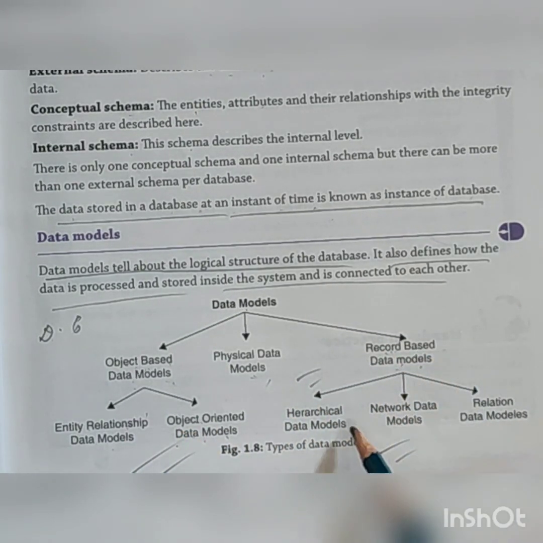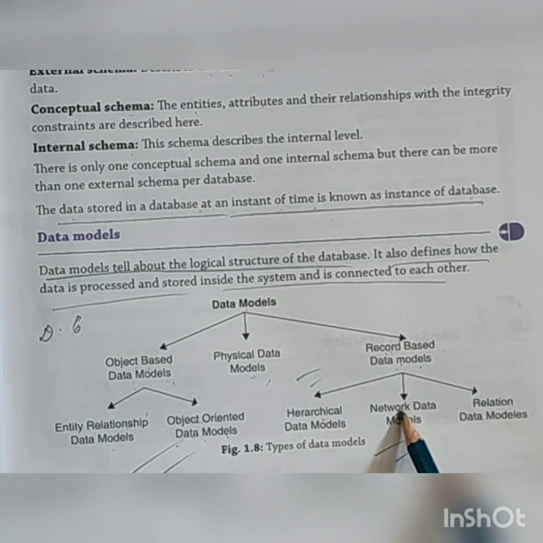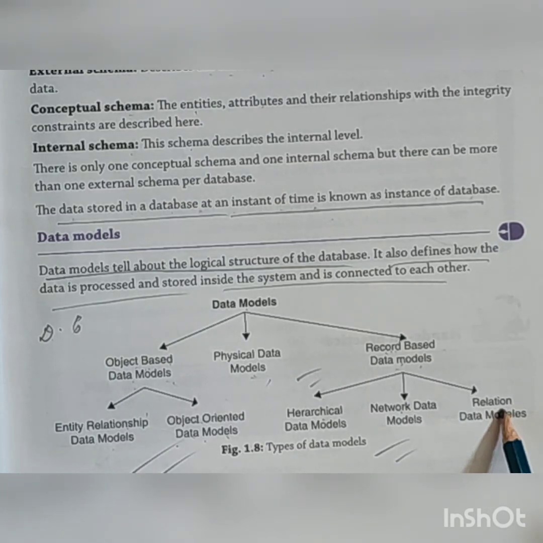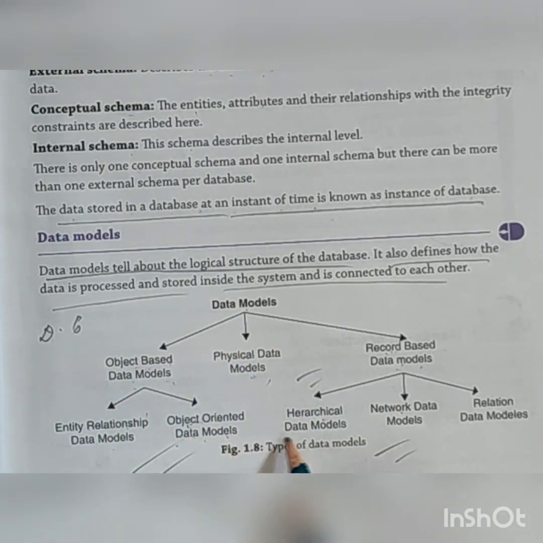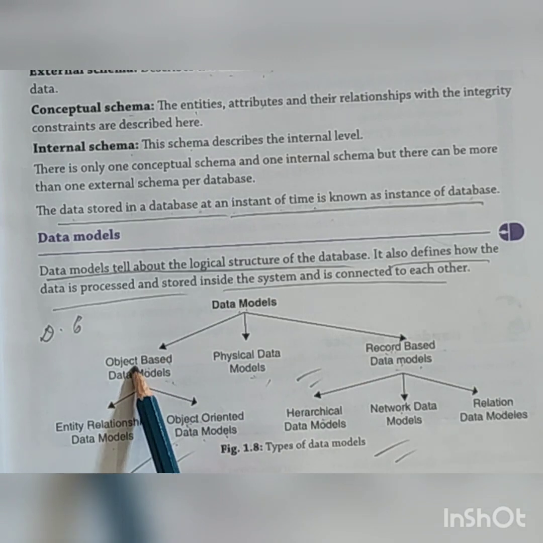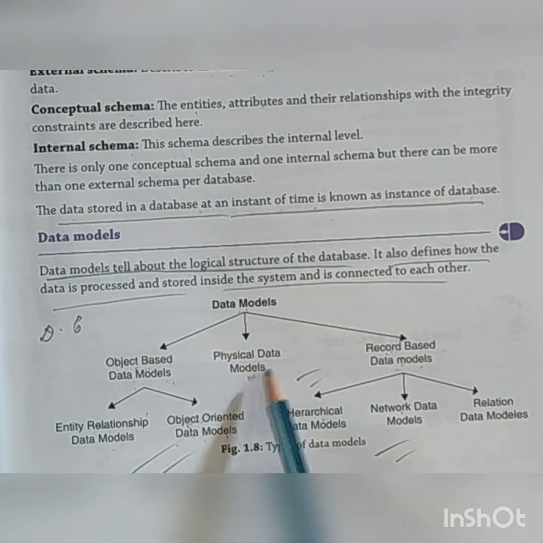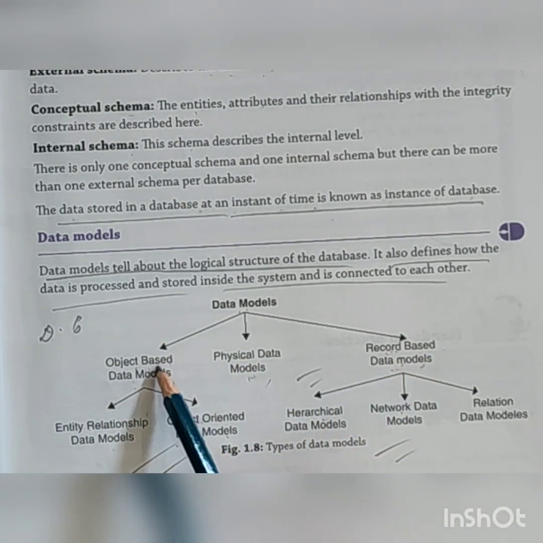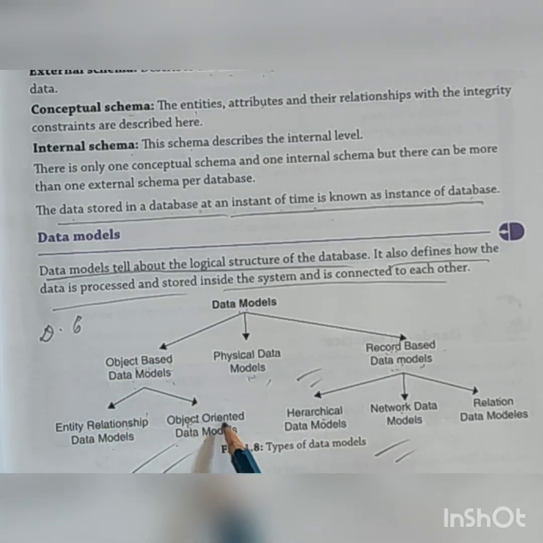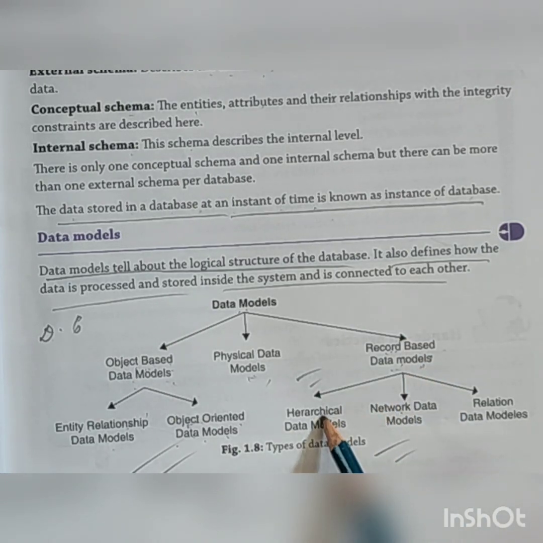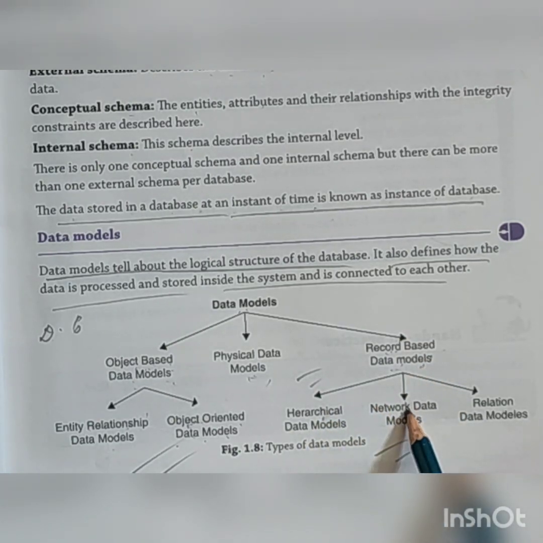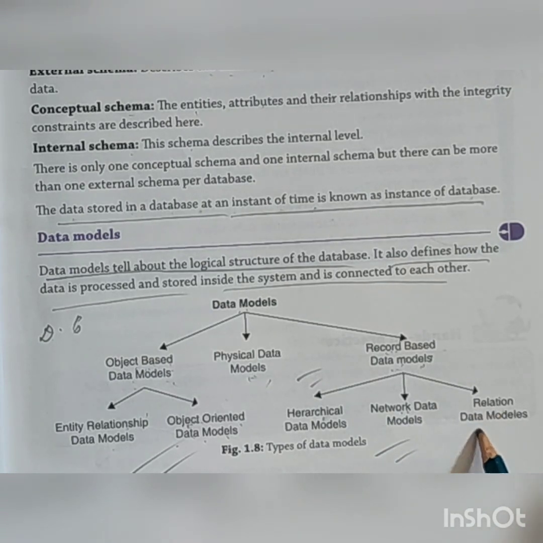Then record based data models: hierarchical, network and relational. A real life entity is known as an object.